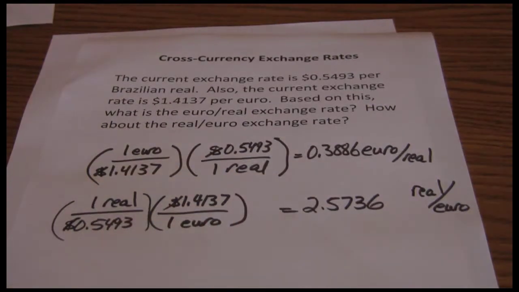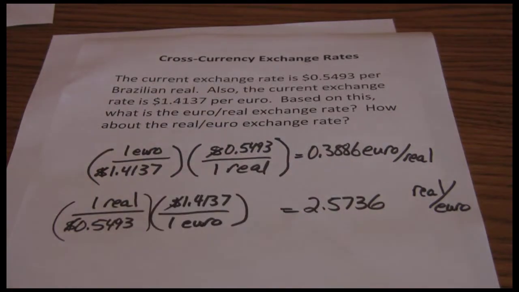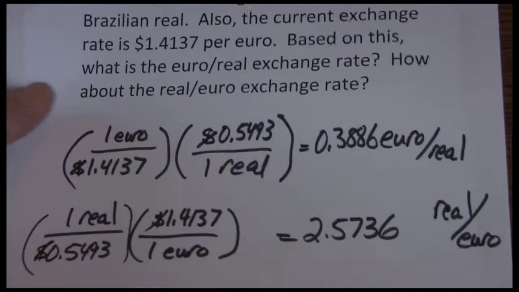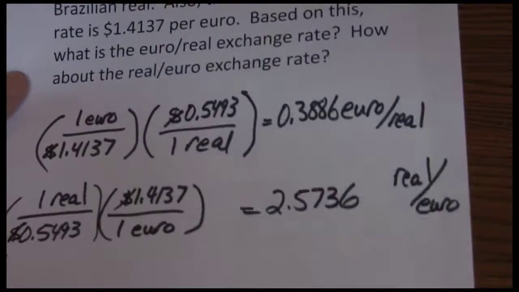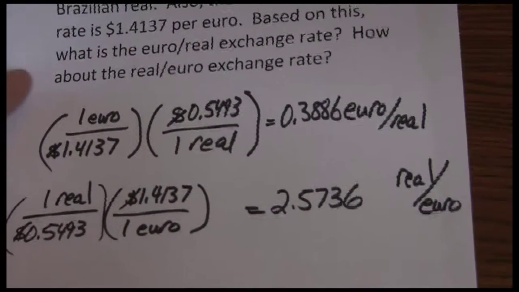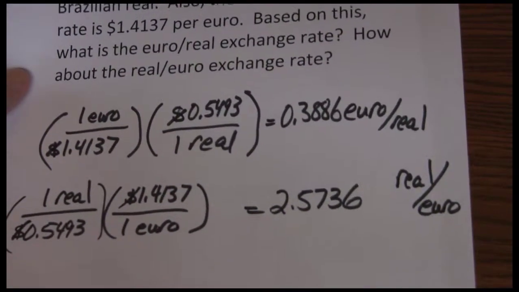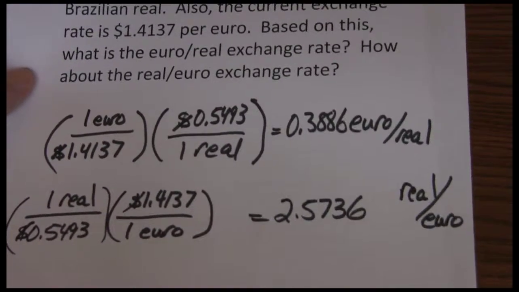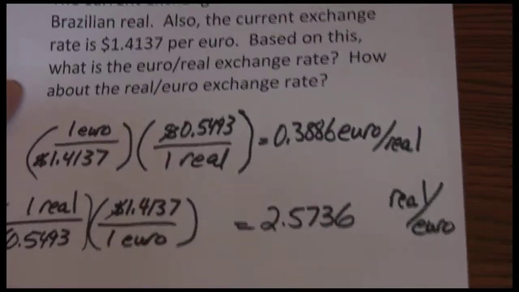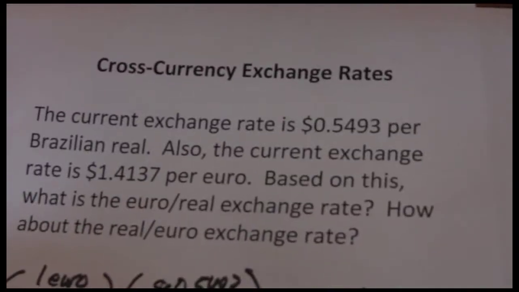So another way to get this second exchange rate, the real per euro, would have been to just use the 1 over X key. The idea of cross-currency exchange rates, though, is that as long as I know one exchange rate relative to the US dollar and another exchange rate relative to the US dollar, I can figure out every pair of exchange rates. So I can carry a lot of information with fewer numbers by understanding the idea of cross-currency exchange rates.